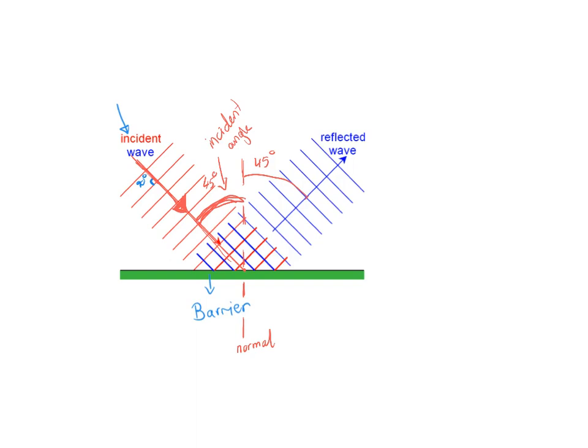And we see that the ray is reflected exactly at 45 degrees from that point. So you know now that when something reflects off a surface, the angle of incidence should be equal to the angle of reflection. So we call this the angle of reflection.